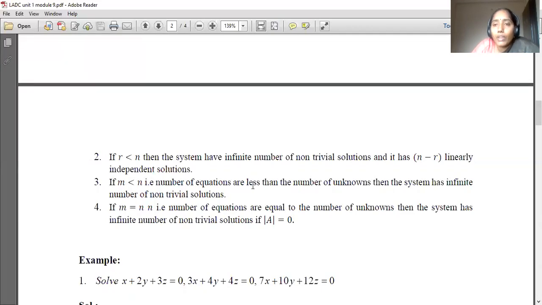If the number of equations is less than the number of unknowns, the system always has infinitely many non-trivial solutions. If m equals n, then the system has infinitely many non-trivial solutions if det A equals 0. Based on these points, we go through an example.